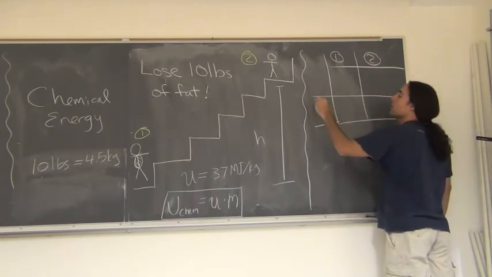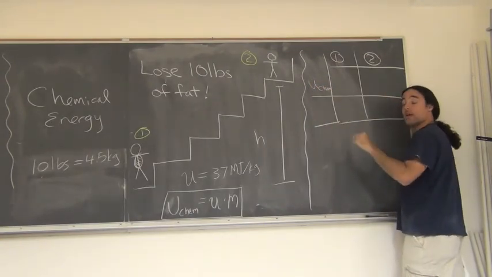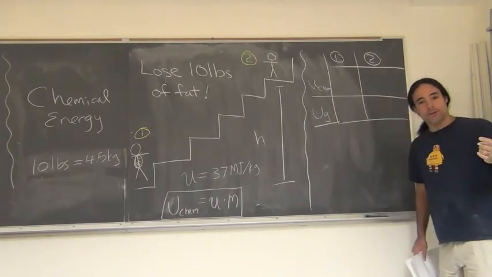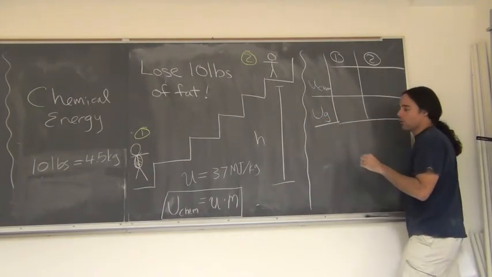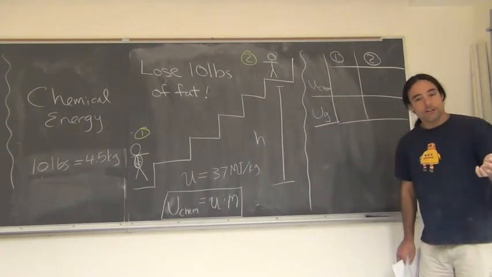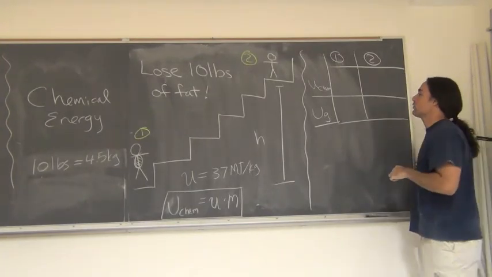So we have some chemical potential energy that we're trying to get rid of. And we're going to try to convert that chemical potential energy to gravitational potential energy. Because as we go up the stairs, we're increasing our gravitational potential energy. To do that, we're using up chemical potential energy.